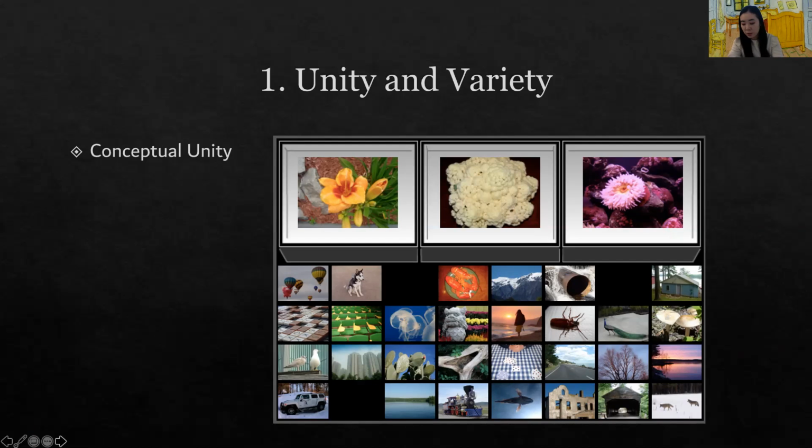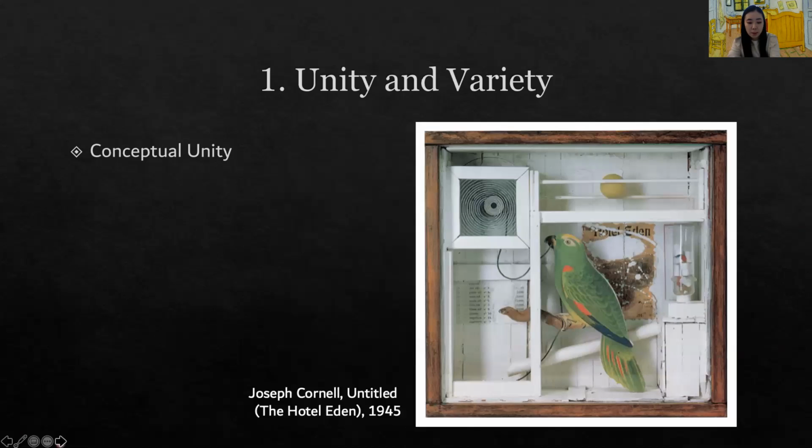Let me show you another example of conceptual unity. This is Joseph Cornell's mixed media work. His work seems to suggest mysterious ideas and elusive feelings.